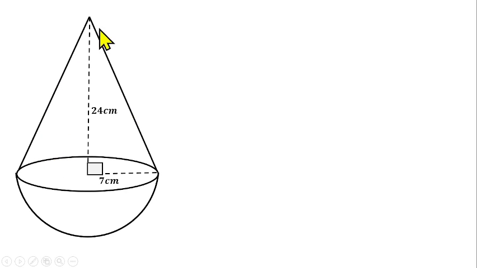Now that we understand the composition of this shape, a cone sitting up top, mounted upon a hemisphere, let's see how we can find the volume of the structure, knowing that this is a solid shape. It comprises a cone and a hemisphere.